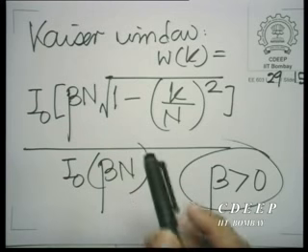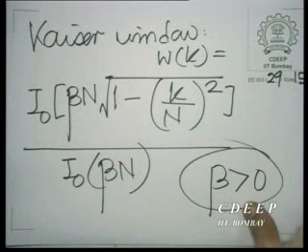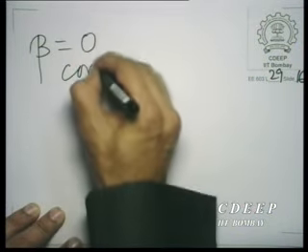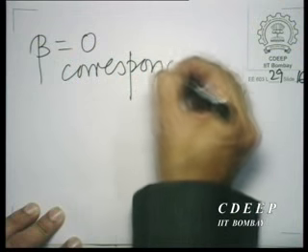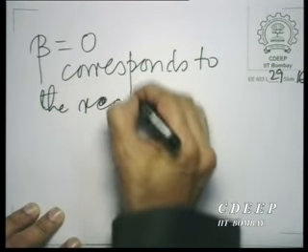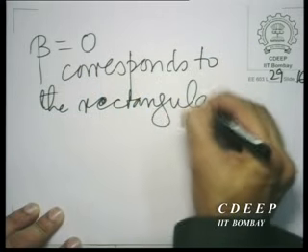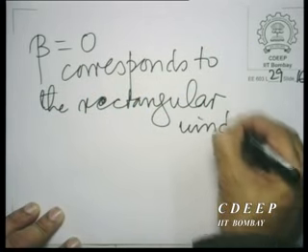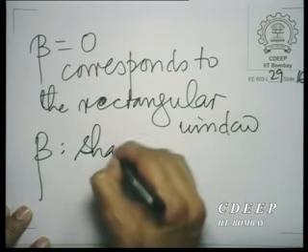Now of course it is very easy to see that beta equal to 0 corresponds to the rectangular window. Beta is what is called a shape parameter.